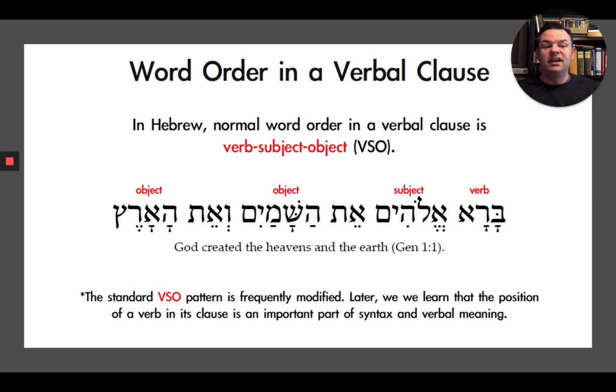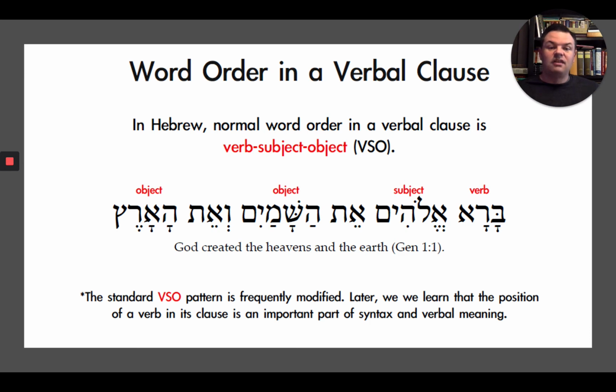So it just means "he created." And then it's got the subject. Well, who did the creating? Elohim did. God created. That's how we would express this idea in English. It doesn't say "he created God." It says "God created" because bara is the verb, and then the subject of that verb is Elohim.